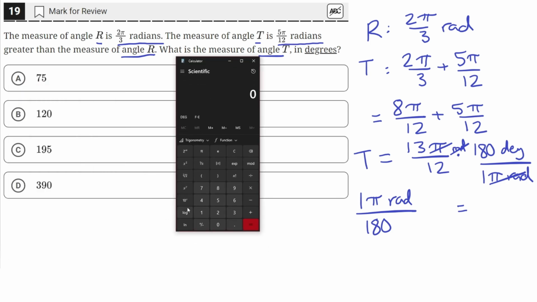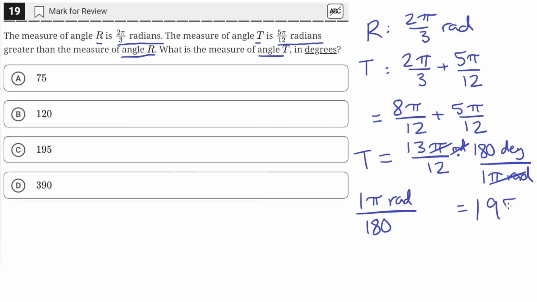So we have 13 times 180 in the numerator, and we'll divide that by 12. So we'll get 195 degrees. So the measure of angle T in degrees is 195. So C is the correct answer.